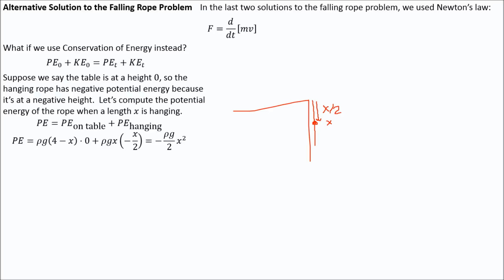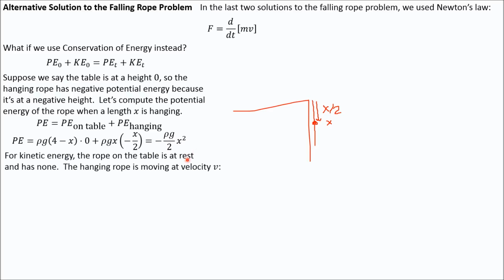But we can consider the hanging part of the rope to be a mass right here. So if the rope is hanging off a distance x, then the height of this rope can be considered to be x over 2, except it's x over 2 below the top of the table, so negative x over 2 is our height for our potential energy calculation. So we end up with minus rho g over 2 x squared for our potential energy.